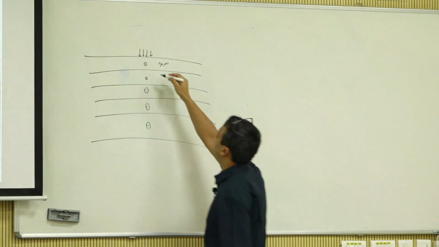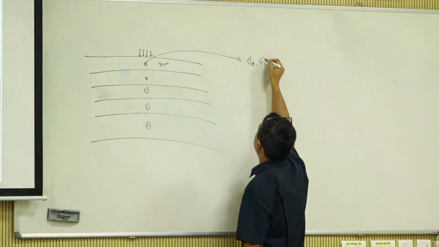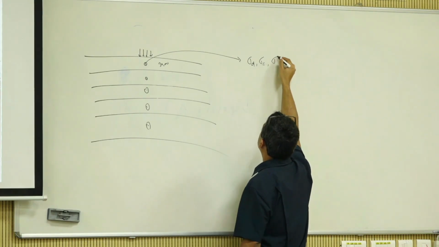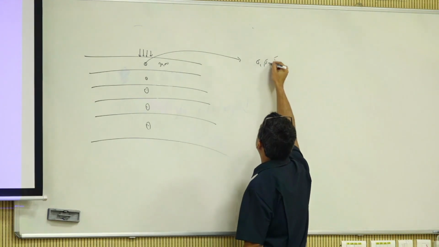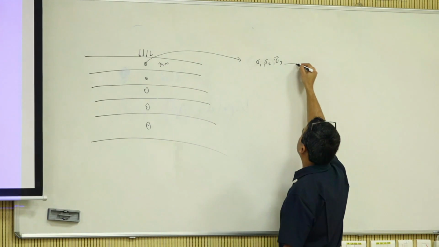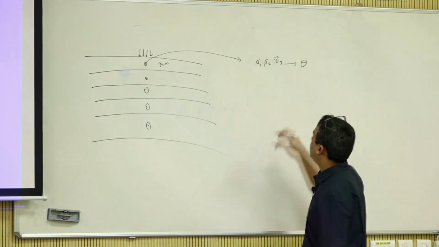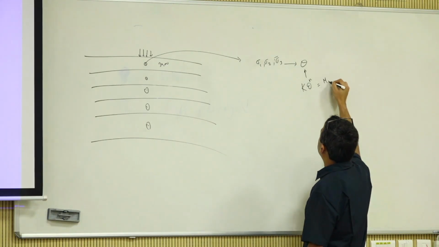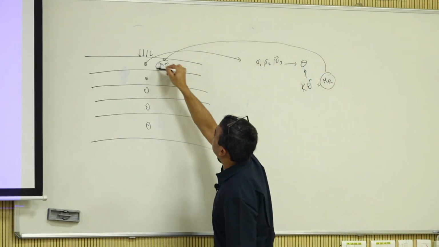At this midpoint, find your sigma D, sigma C, or basically sigma 1, sigma 2, sigma 3 essentially. Find all three of them, right? Then using that, calculate theta. Then using the k theta model, calculate MR.